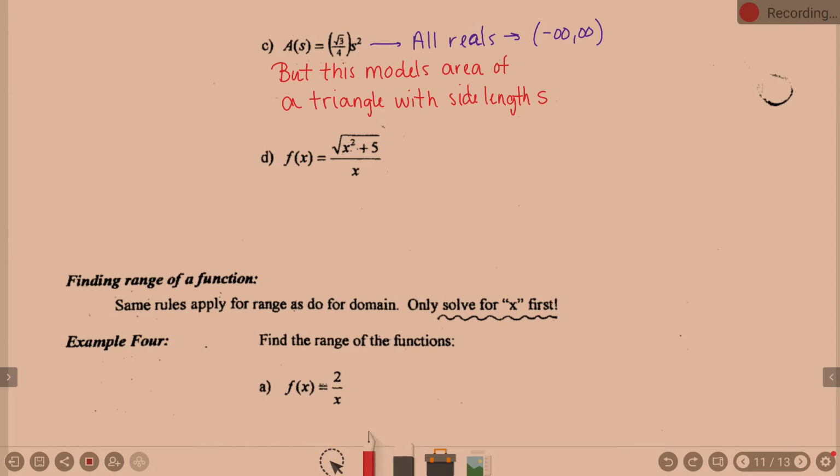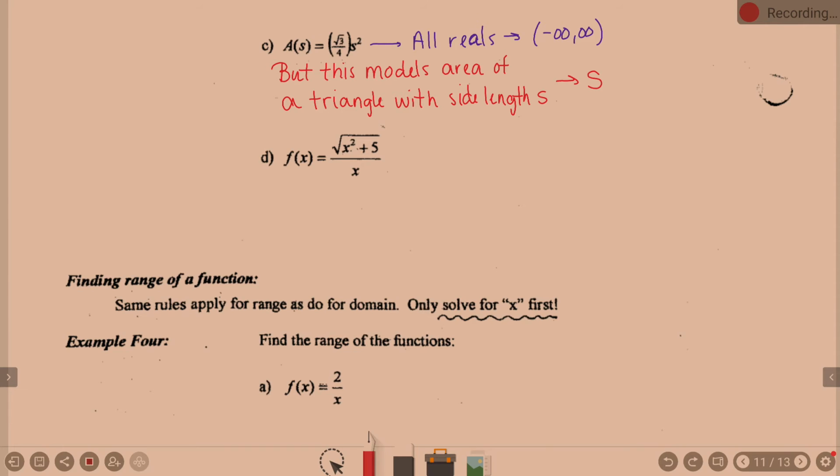Okay, so if you are just looking at this equation in terms of x's and y's, my domain is indeed all real numbers because I can put any variable I want in there for s. However, if I say specifically, okay, think in terms of the fact that this represents the area of a triangle with side length s, then what do you have to tell me? Sides can't be negative, so s has to be what?